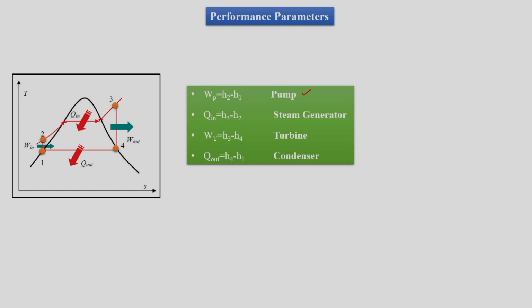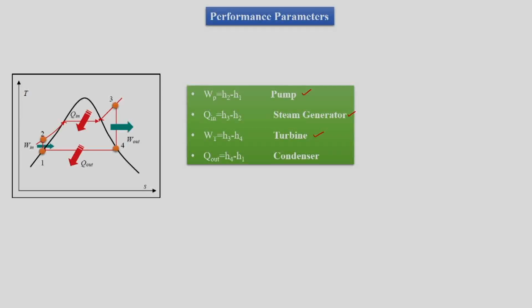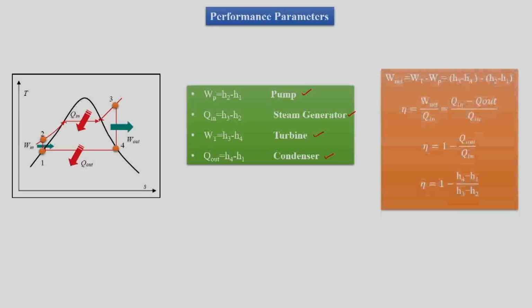Across the pump we have enthalpy gain for the water, and then we have heat addition in the steam generator, which is Q in, and due to this Q in, enthalpy of the water rises from H2 to H3. Then we have turbine work, which is H3 minus H4. Turbine produces work, so enthalpy of the water decreases. Then we have the heat rejection process in the condenser, where heat rejected is equal to H4 minus H1, and enthalpy of the steam or water decreases.